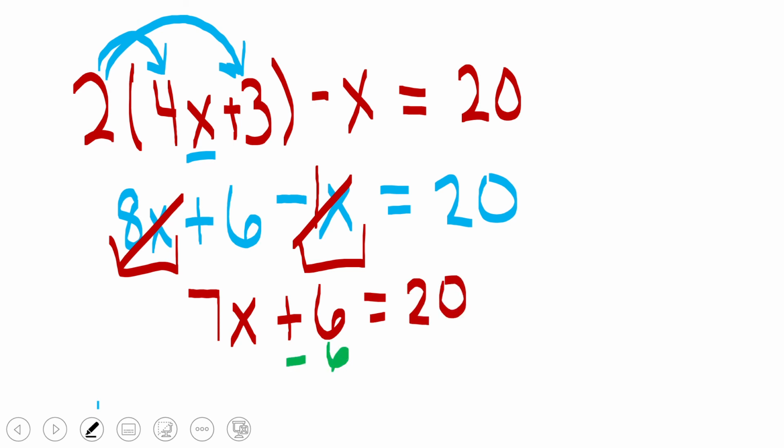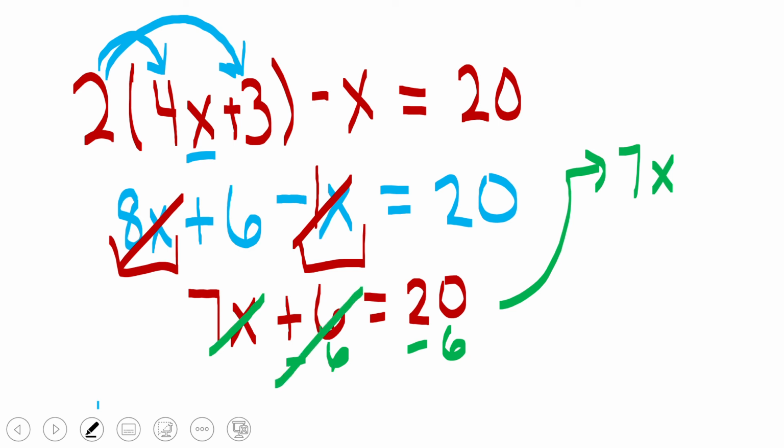Minus 6, minus 6. So we're going to have, I'm going to take this up here just for the sake of room, 7x. Okay, address this. 6 minus 6, it goes away, equals, I address this. What's 20 minus 6? 14. Okay, now we can solve for x very easily by dividing by 7 on both sides.